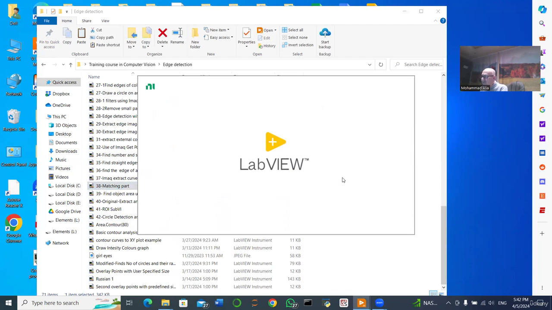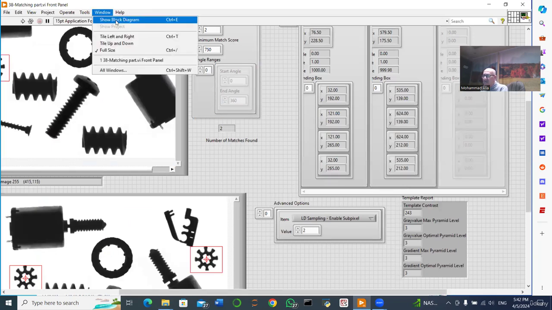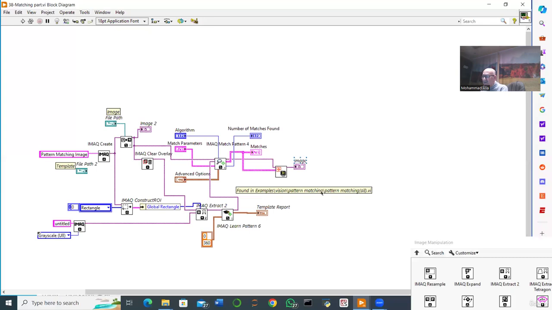This is related to pattern matching. As you remember, we have discussed some examples about this topic. So here is the block diagram. And as you see, we have two important functions to work together.